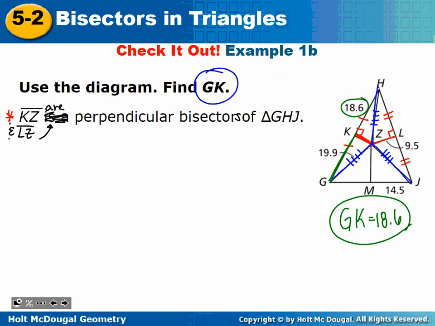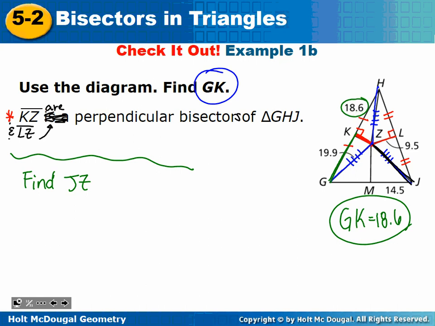I'm not going to remark all of this on the next slide, but if you'll look down on your next slide, what does it ask you to find on the next one? JZ, the line segment. So if you look at the picture, what is JZ supposed to be the same as in this picture?